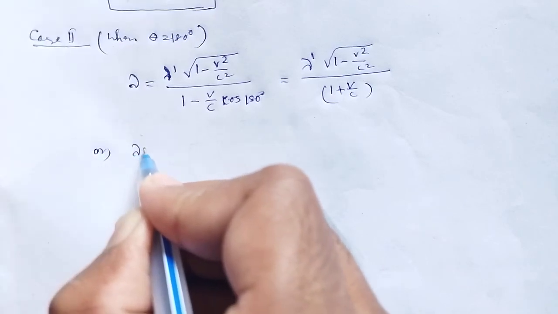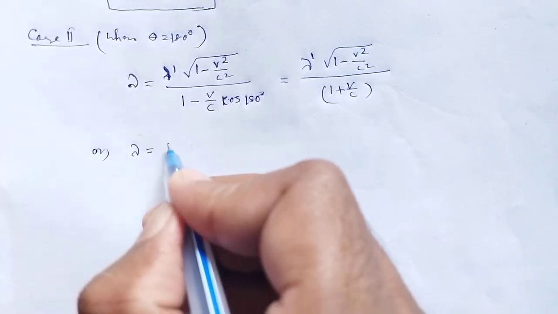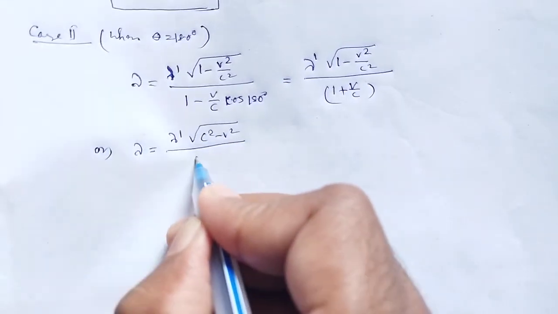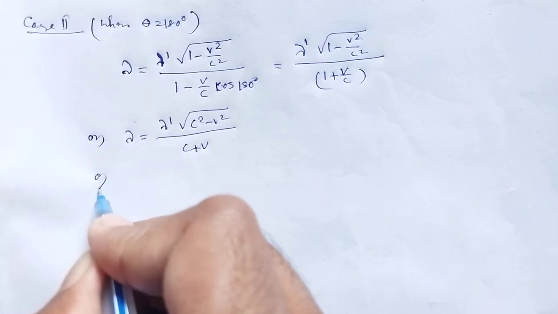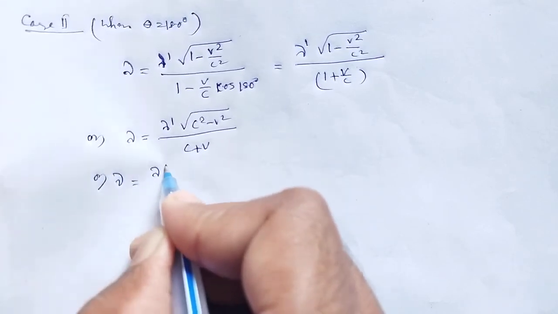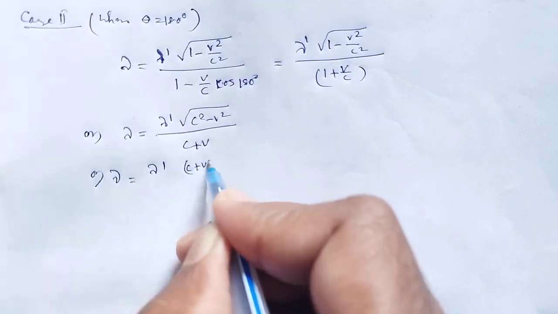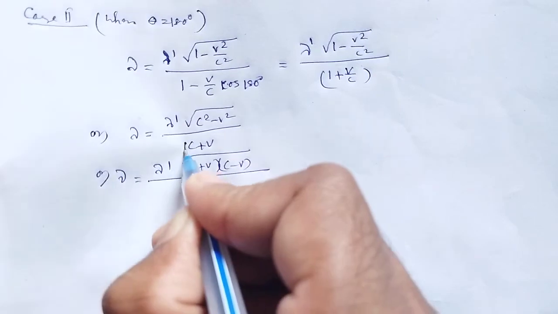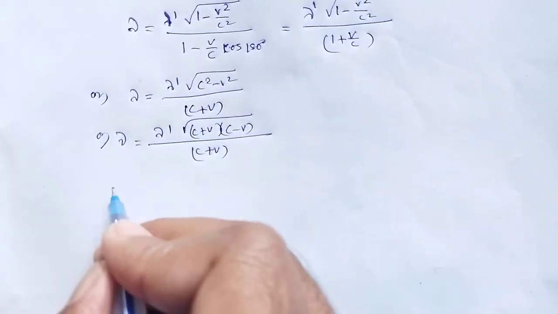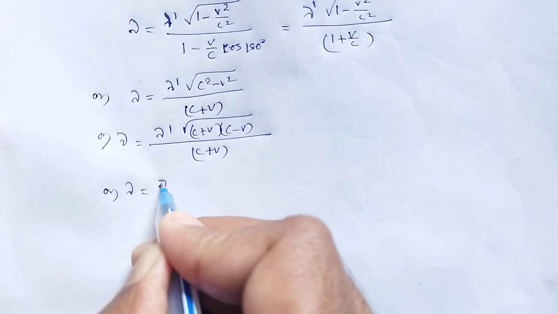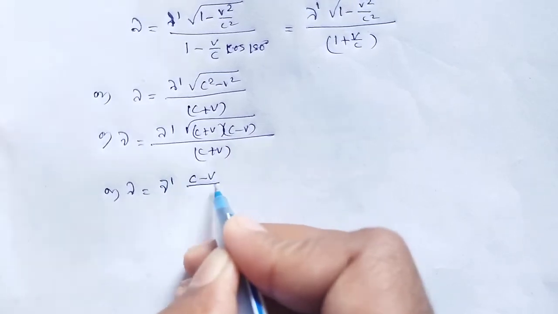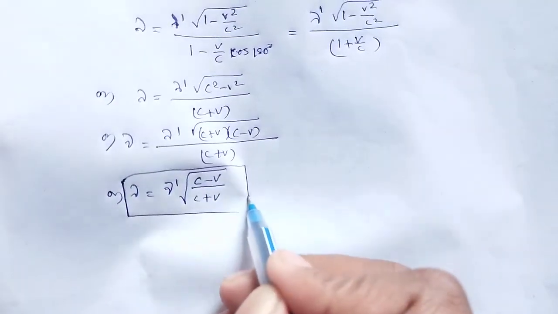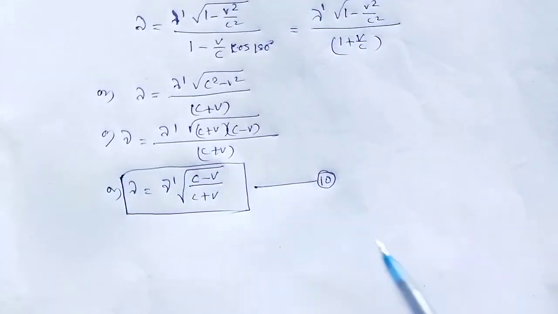Here nu is equal to nu dash square root of c square minus v square divided by c plus v, or nu is equal to nu dash square root of c plus v whole into c minus v divided by c plus v. One c plus v cancelled out, or nu is equal to nu dash square root of c minus v divided by c plus v. That is equation number 10.